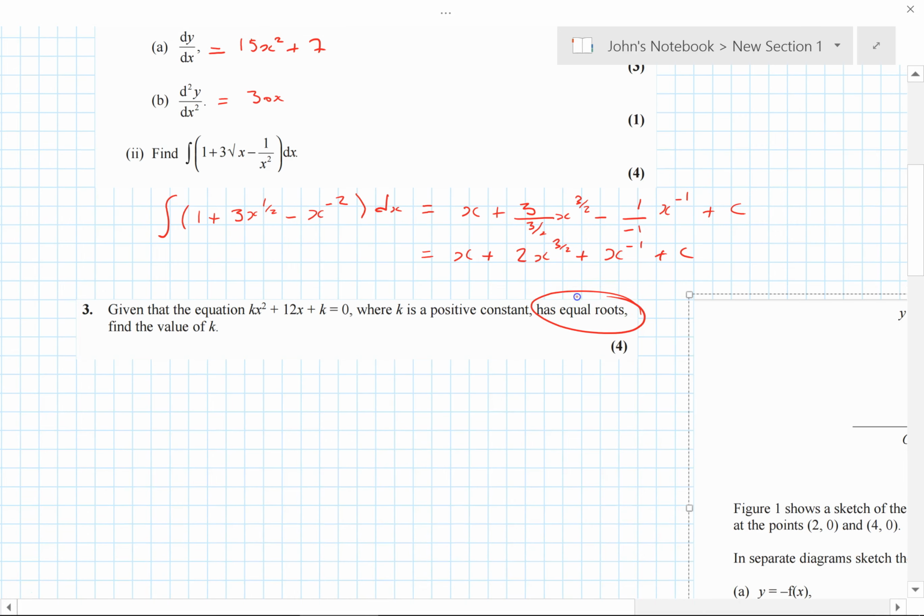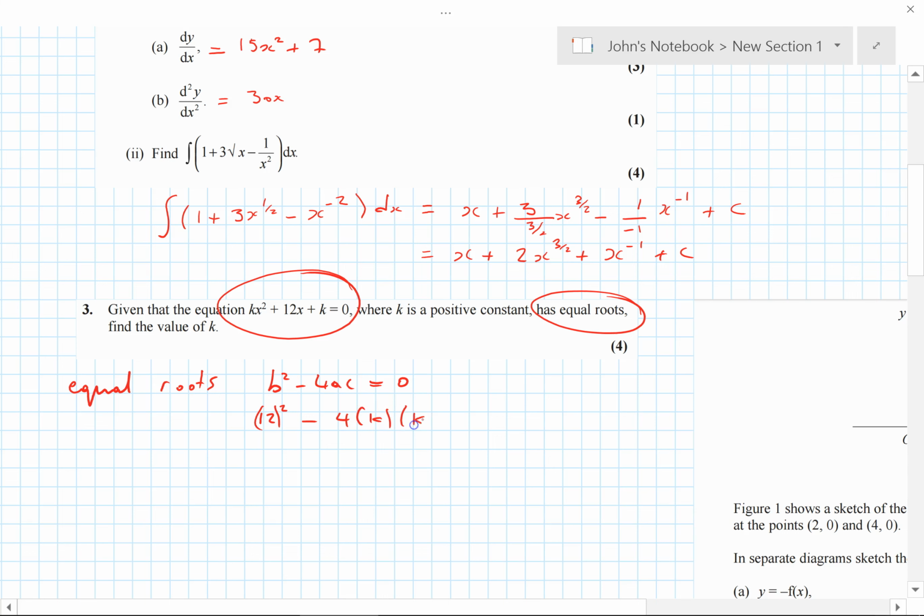It talks about equal roots for this quadratic. So we're told because it's got equal roots, we know b squared minus 4ac equals 0. Okay, if you were to draw the graph of it, it would just touch the axis. So b squared minus 4ac is 0, so that's 12 squared minus 4 times k equals 0.